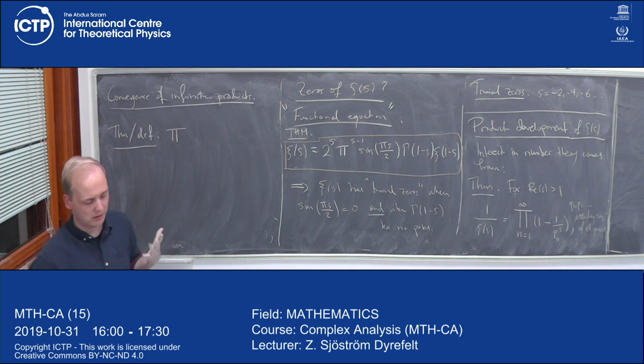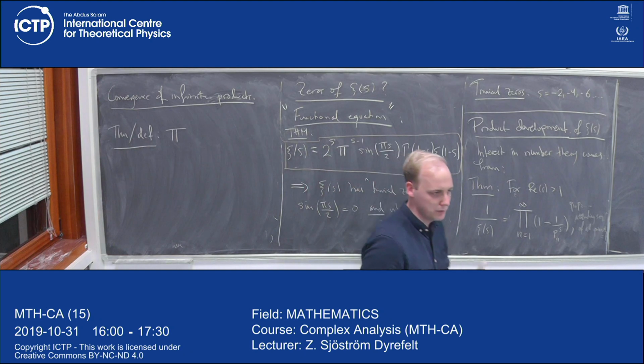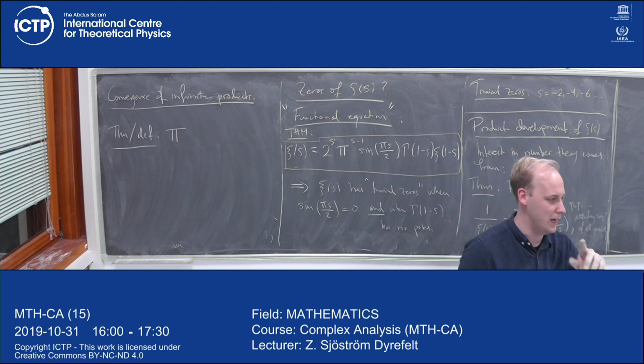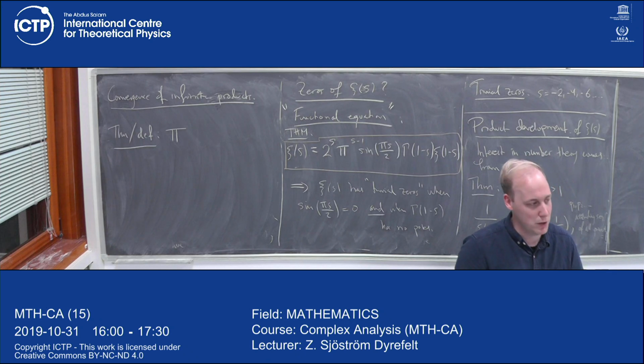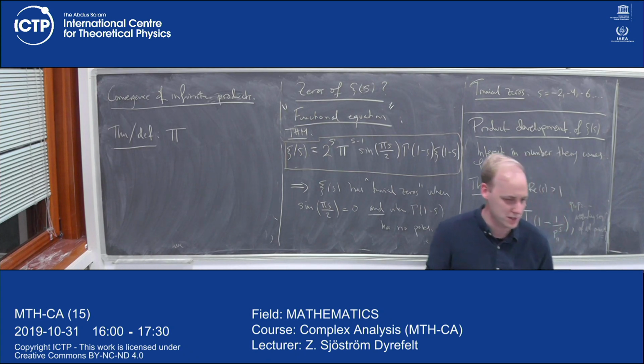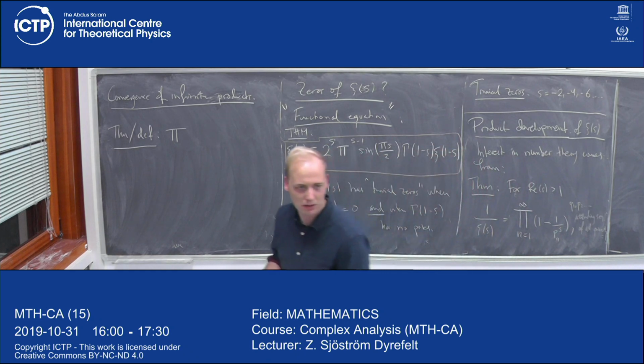Let me say it orally. If you have an infinite product of something, let's call them a_n or b_n, then this is said to converge if the partial products converge to a finite number, excluding possibly a finite number of factors. You may have to remove a finite number of factors that are 0, and then the product converges to a finite number. And then you're happy, because you would be very unhappy with your definition if one 0 would ruin everything.